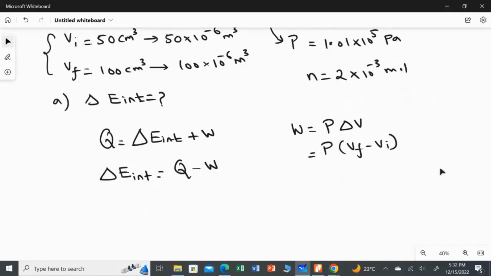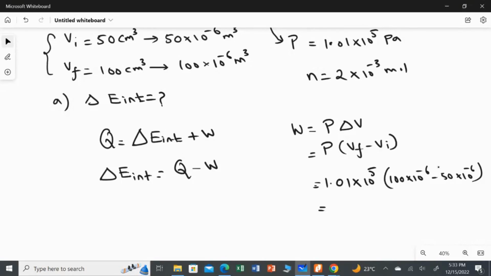Now first of all, I'm going to find the work done, and then I'm going to substitute the work done here for getting the answer for the first question. So let's find the value of the work done. The pressure we have here in terms of Pascal is 1.01 multiplied 10 power 5, and the volume change is 100 multiplied 10 power minus 6 minus 50 multiplied 10 power minus 6.